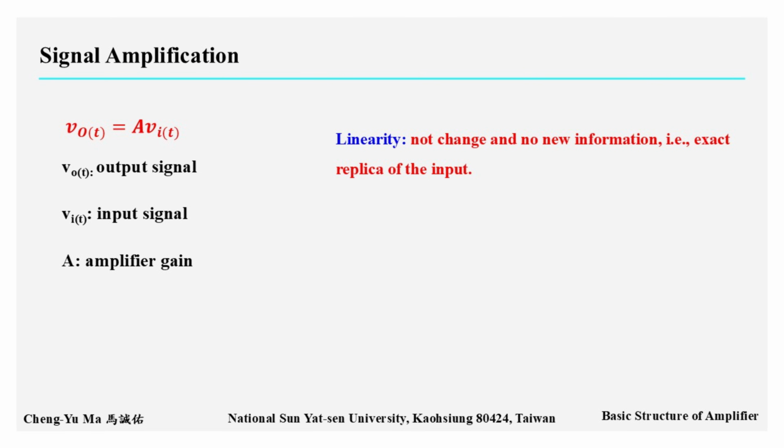Linear amplification means amplifying the original waveform by the same factor everywhere. Therefore, the amplified waveform is not distorted. However, if different amplitudes or different frequencies have different amplification gains, then the amplified signal waveform will be distorted because the original waveform can no longer be reconstructed.